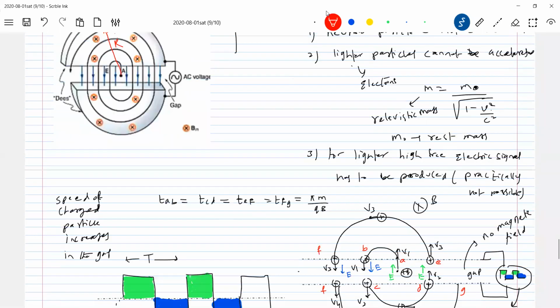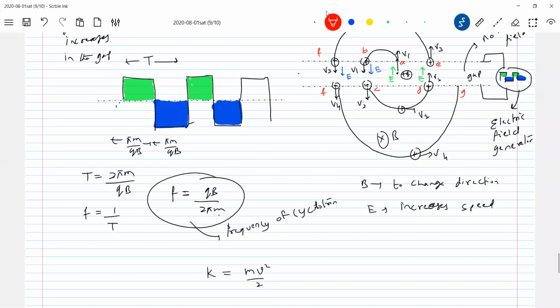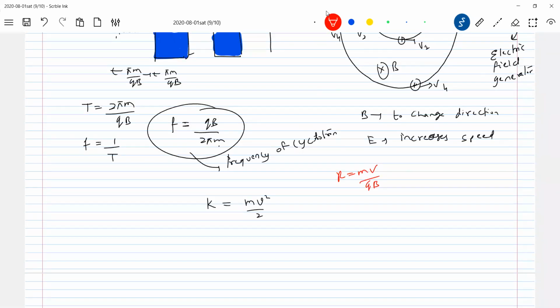This radius, you can write r equal to mv by qB. And the v again depends on the exciting potential. So the kinetic energy of that particle depends upon the radius of the beam.